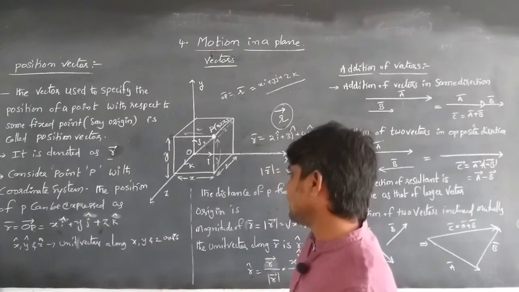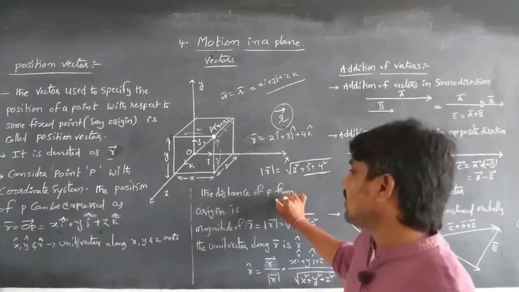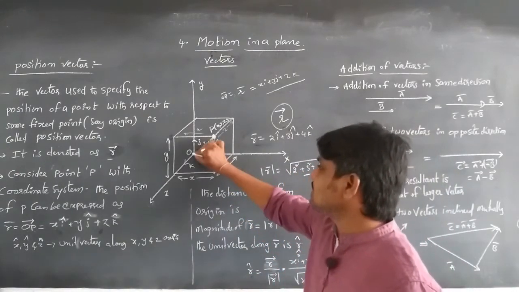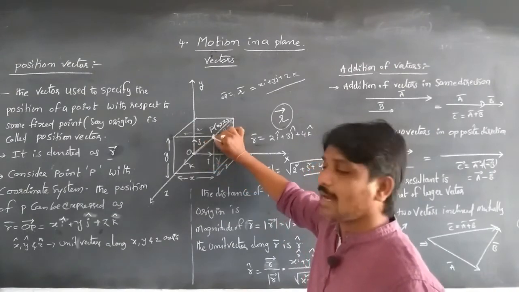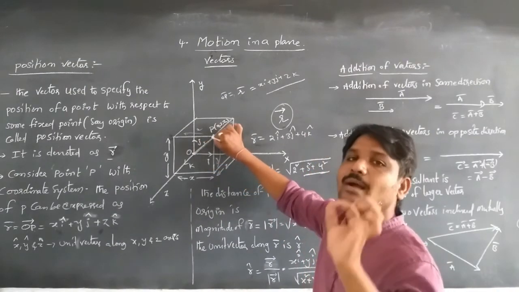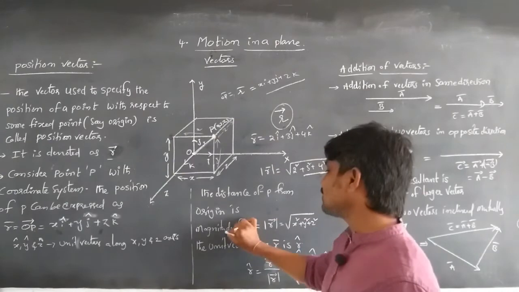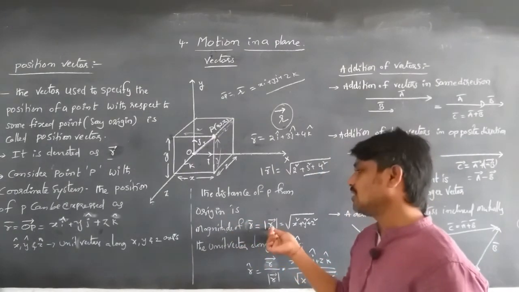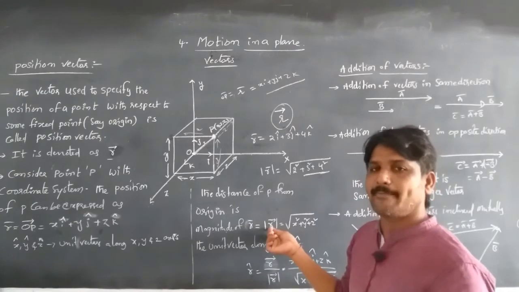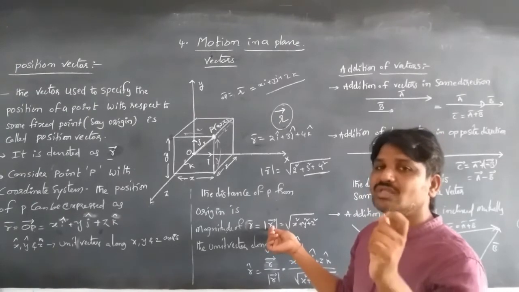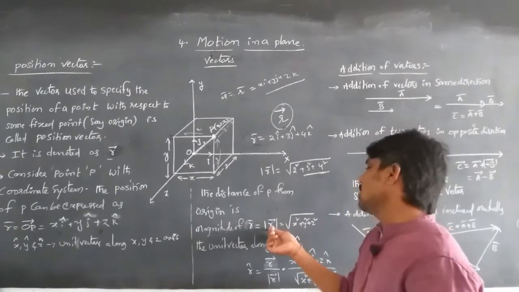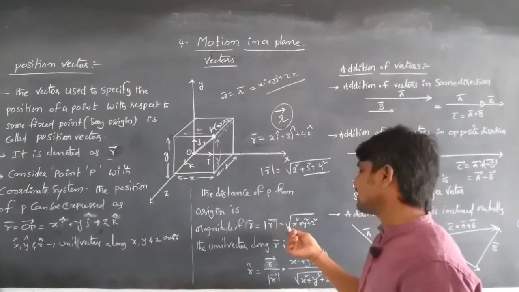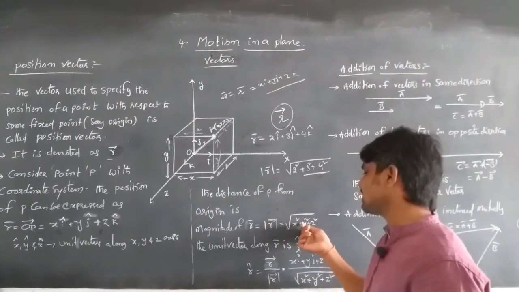So the distance of P from the origin is the magnitude of r. The magnitude of r, the modulus of r bar, is the length of that vector, which is the root of x square plus y square plus z square.